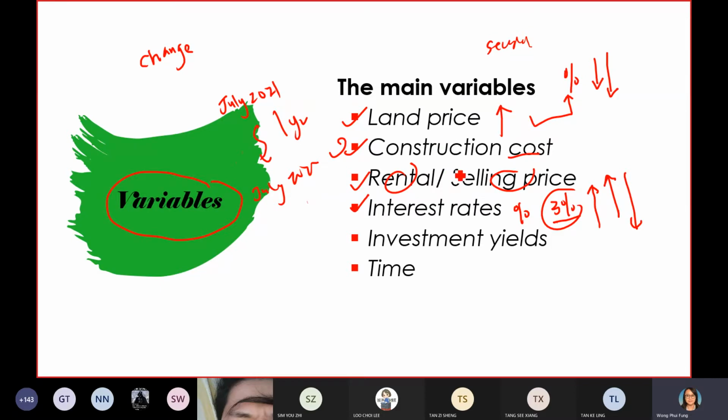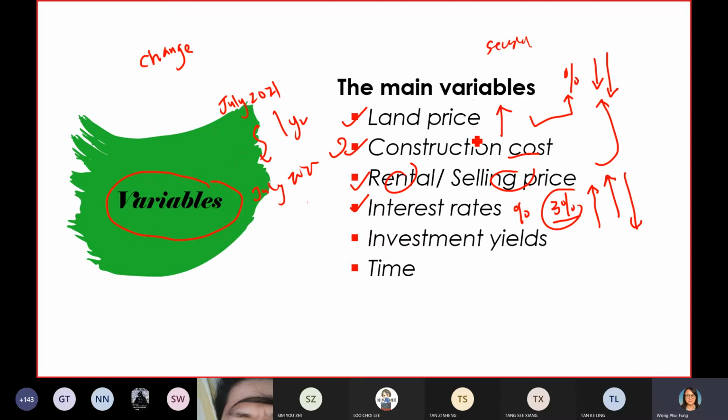The change can be positive, can be negative, up and down. Eventually, it will affect your development profit. So that's why in the development risk chapter, we are going to learn which variable are sensitive, which variable are less sensitive. But just for your information, all are estimate at the time of the appraisal.